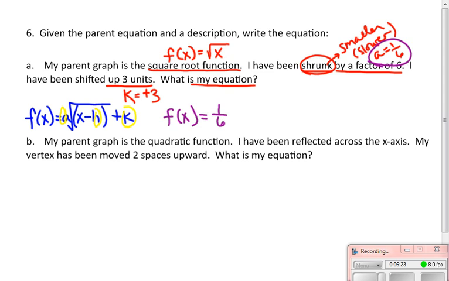I don't have any right or left shift, and I'm going up 3. And so there's my equation.